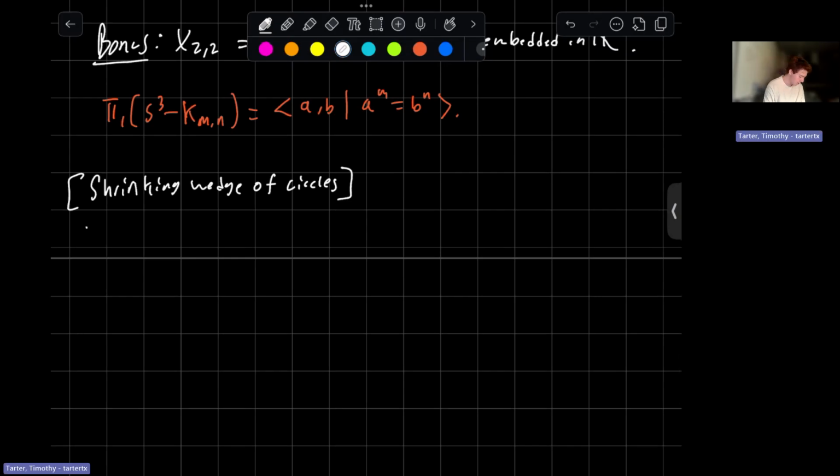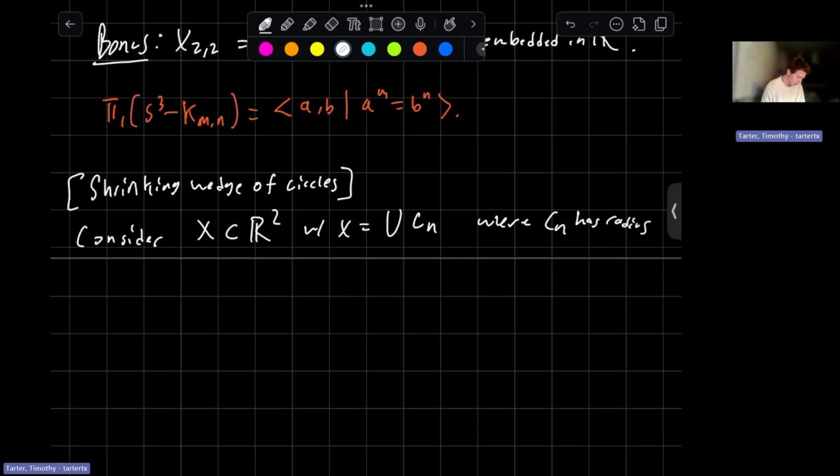Consider X in R2 with X equal to the union of circles CN, where CN has radius 1 over n with center 1 over n comma 0.